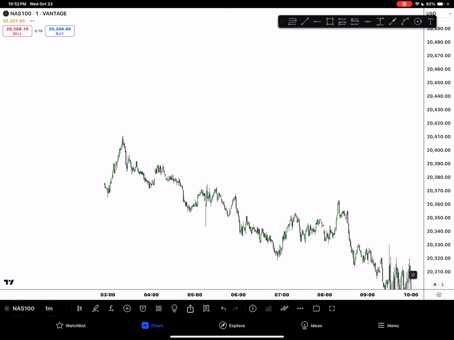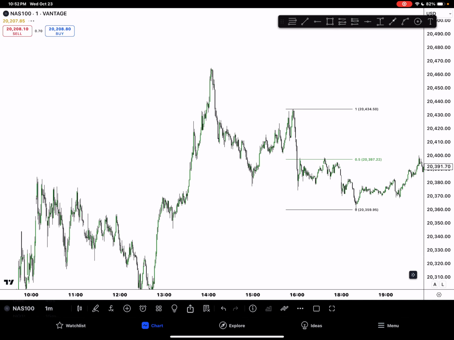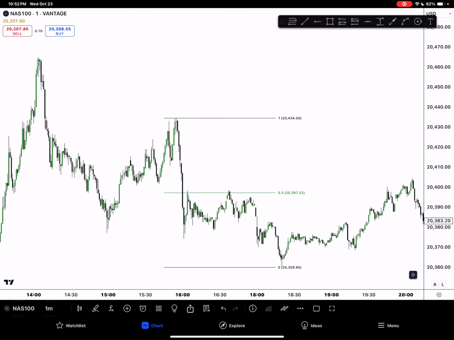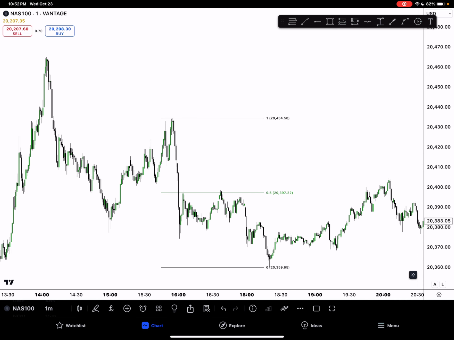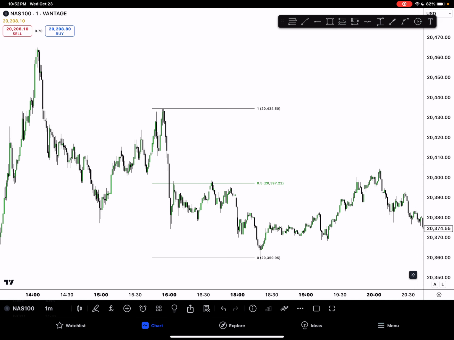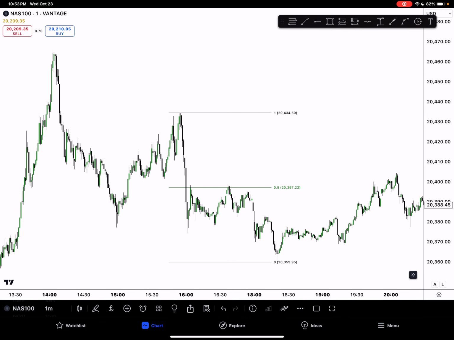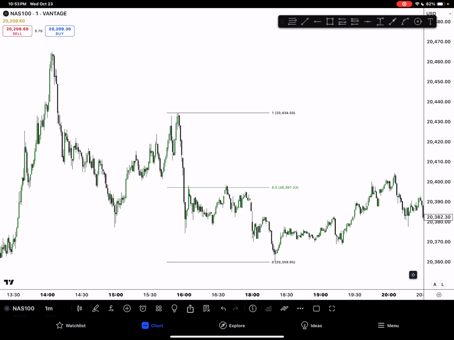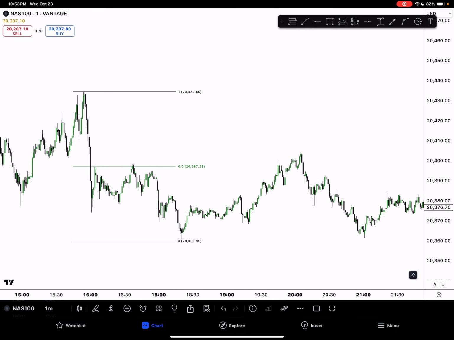I wanted to see if there were any opportunities inside of the 1 minute time frame to frame up a trade setup. Ultimately, because I wasn't paying too much attention, I just decided to take the entire premium side of this range as my risk. So I took a trade that was half of what my lot size was up here at 450 and put it here at 400, and my stop loss was at 434.